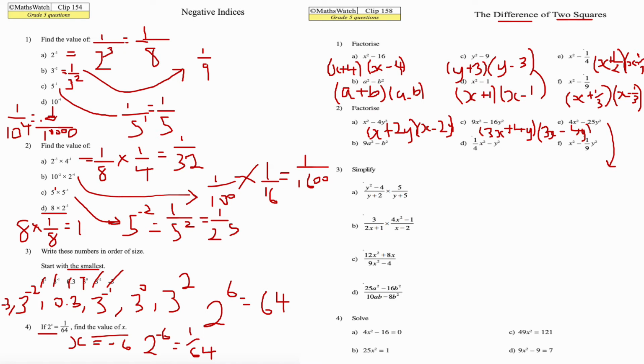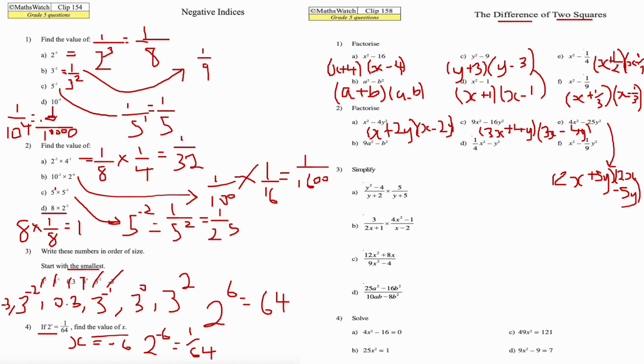So hopefully that makes sense for that one. So 2x plus 5y times 2x minus 5y. Okay.